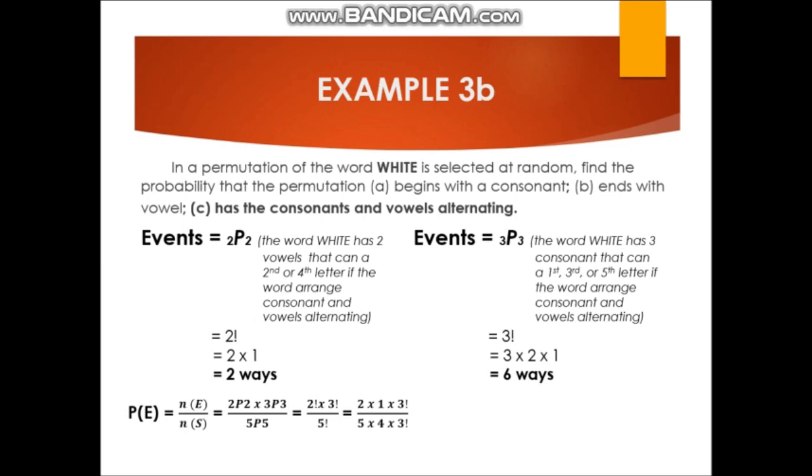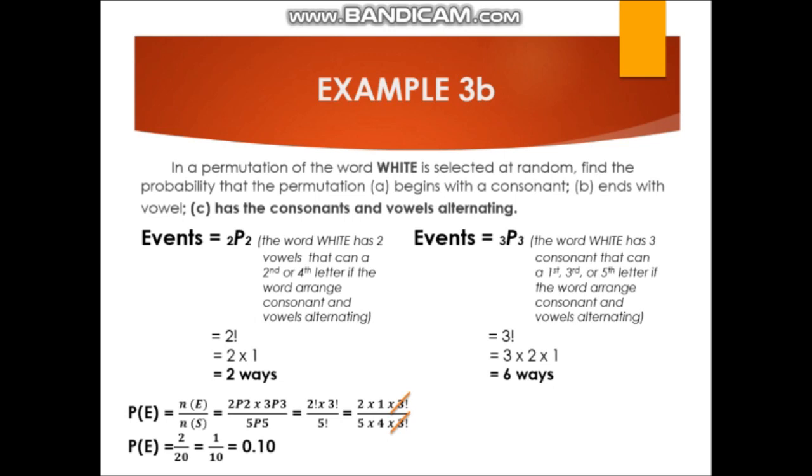So hindi ko na in-expand yung 3 factorial kasi meron naman siyang same value sa denominator na pwede naman natin siyang i-cancel like this. So ang matitira na lamang sa numerator is 2 times 1 or just simply 2 and then sa denominator is 5 times 4 or equal to 20 which is equivalent to 1 over 10.